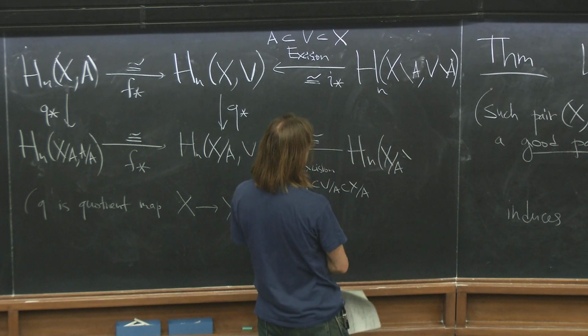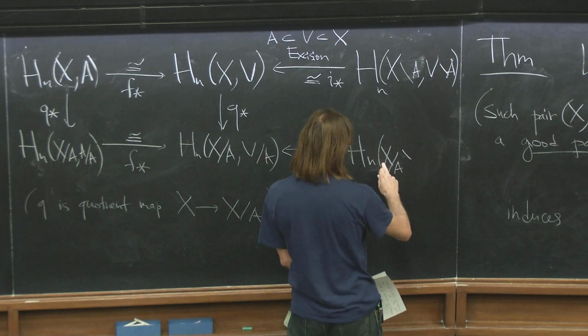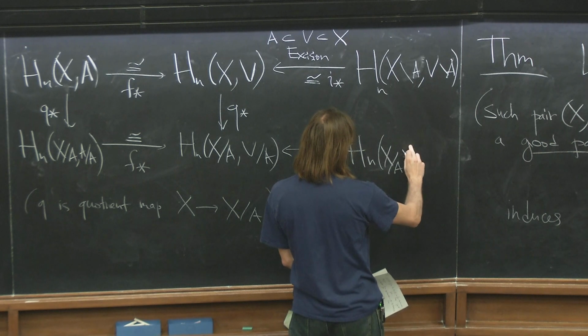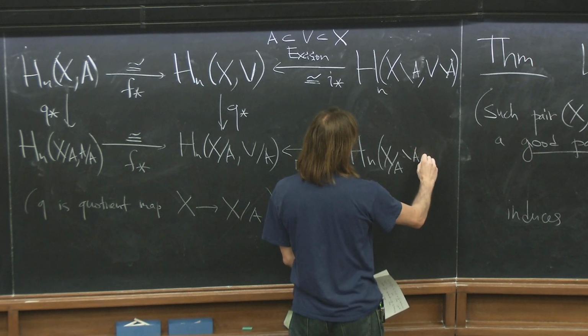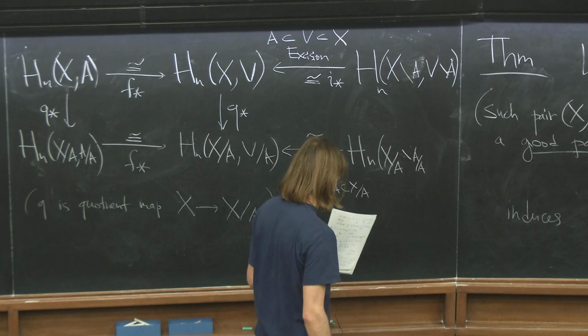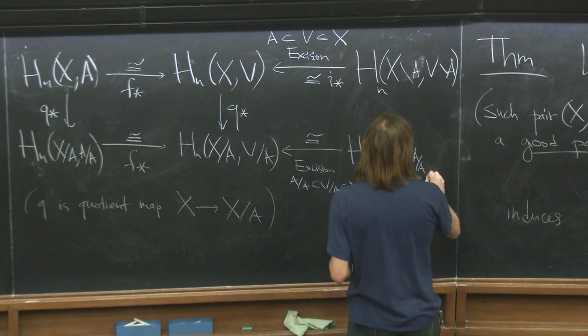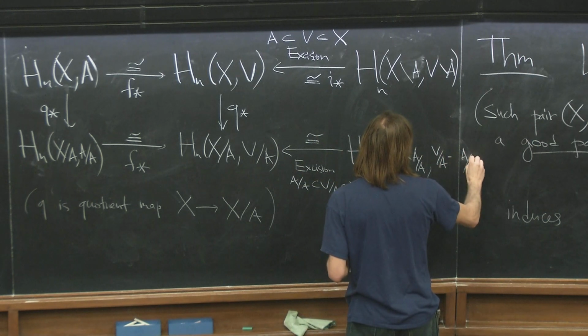Instead of taking the complement of spaces, you can consider X divided by A minus A divided by A, right? And here, B divided by A minus A.